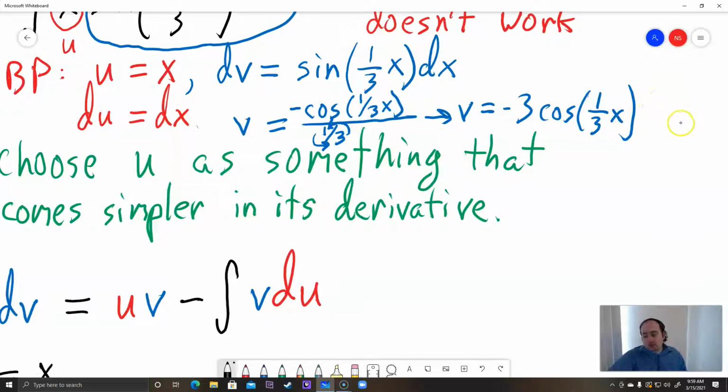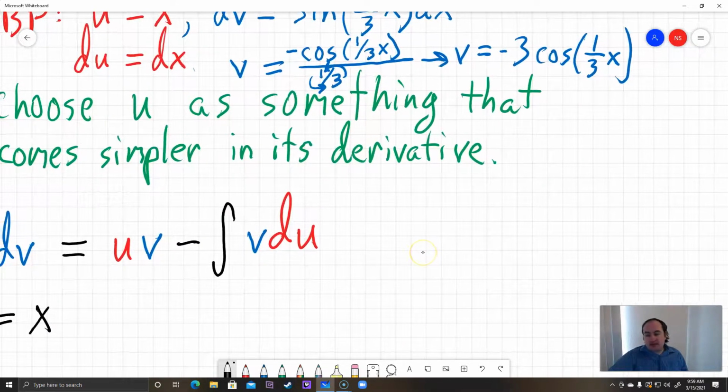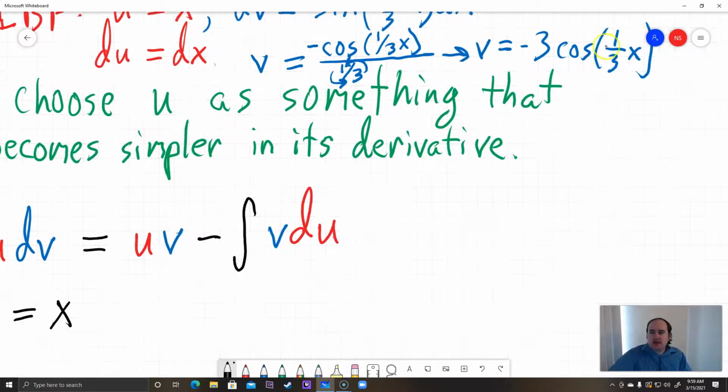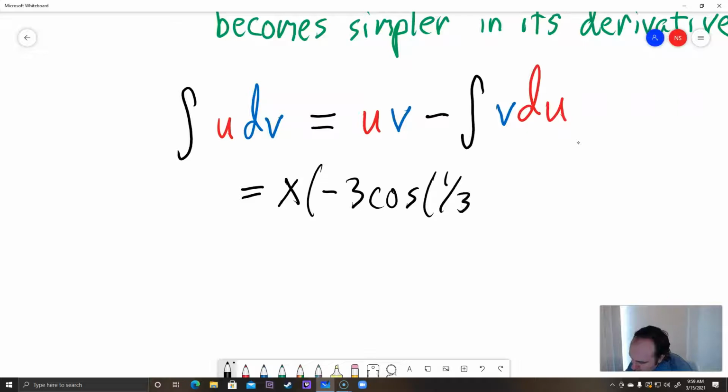And we don't write a plus c because we're not actually at the end of the problem. At the very end, because this is an indefinite integral, when we're done with everything, I'm going to write a plus c. But there's no point in having to write it in every step. It's just a lot of extra work. So we've got our v is negative 3 cosine of 1/3 x.